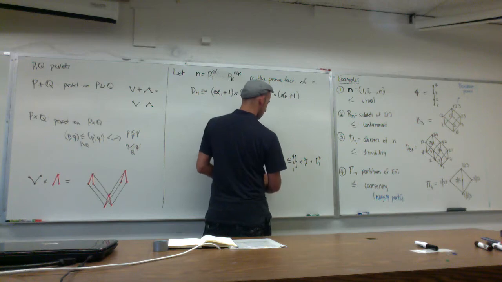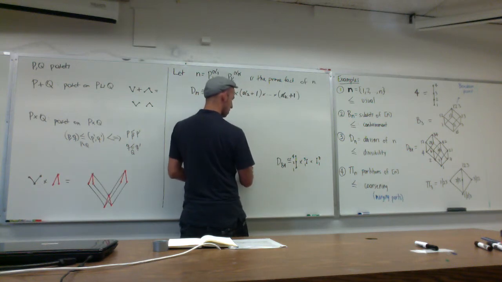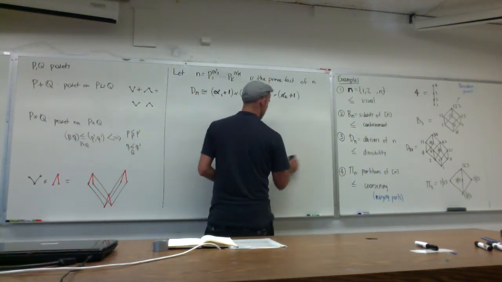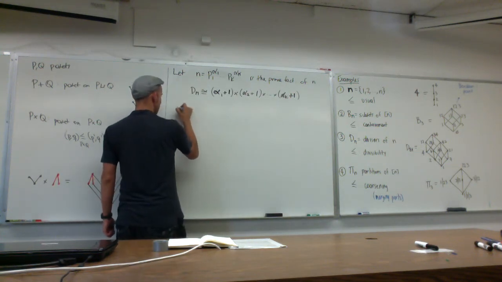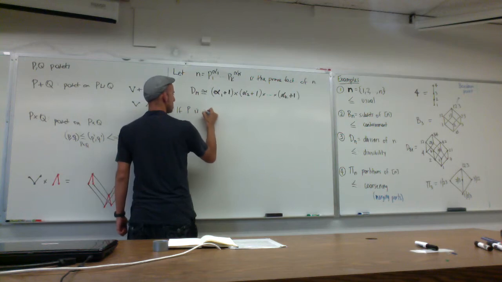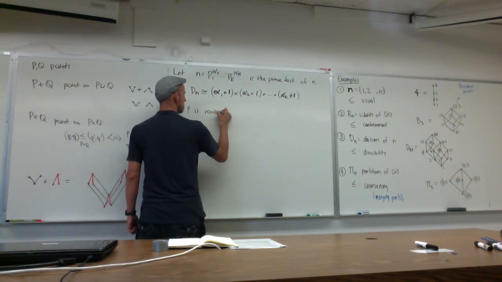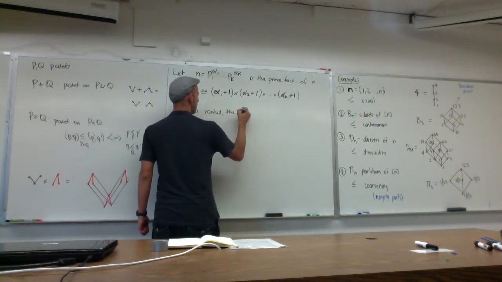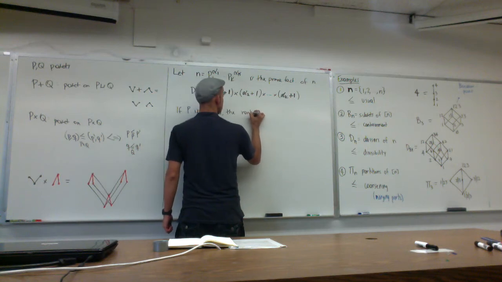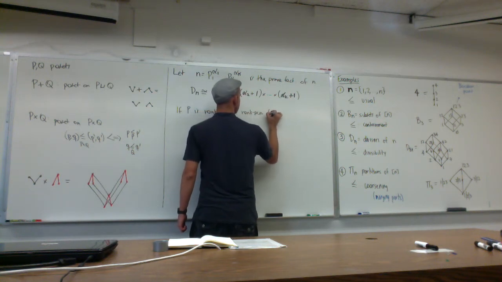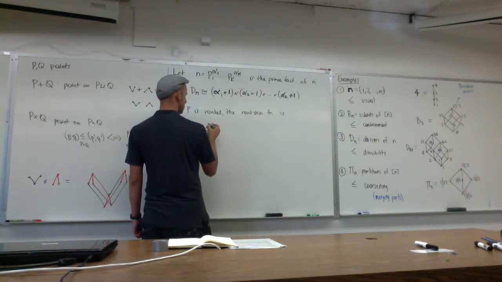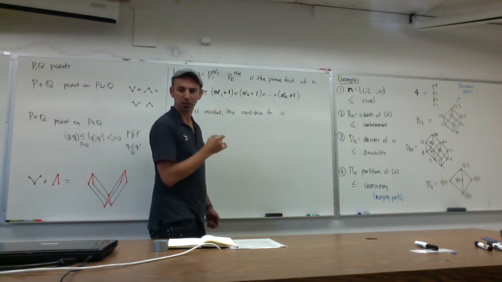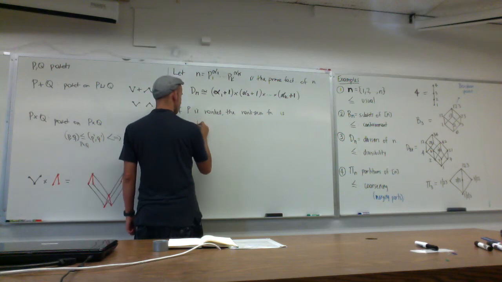Now, one other thing that I want to discuss is the rank. So if P is ranked, the rank generating function is, I forget what letter Stan uses for this, but let's use R for rank.